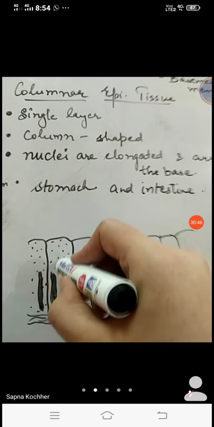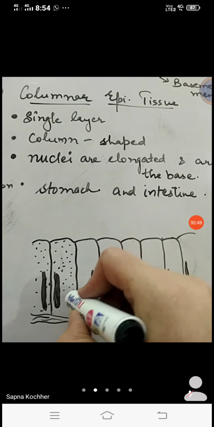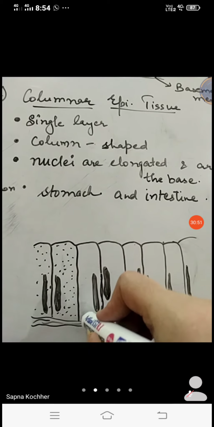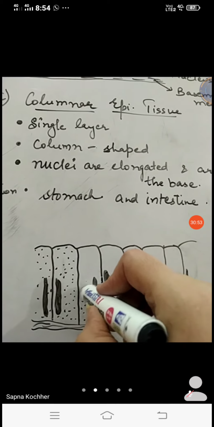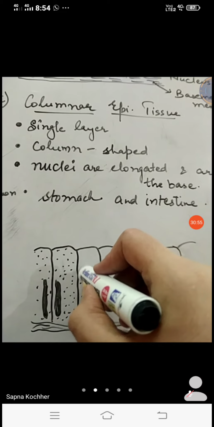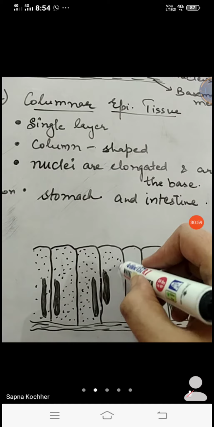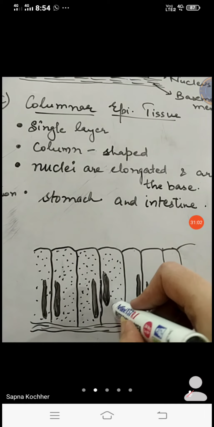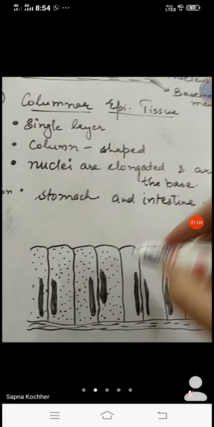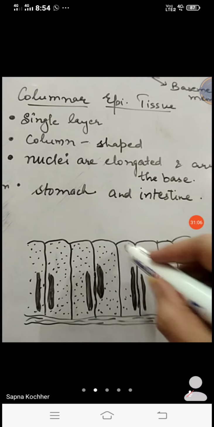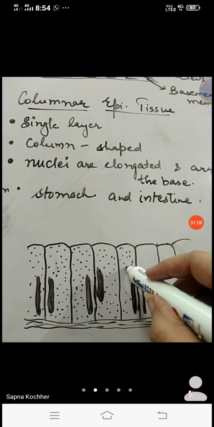Now the structural features of this columnar and the cuboidal may vary with the presence of the cilia over it, also with the glands associated with the cuboidal as well as columnar. The two types of cells, that is the cuboidal as well as columnar, if having the cilia, that is the hairy projections over the surface, will be called ciliated epithelium.